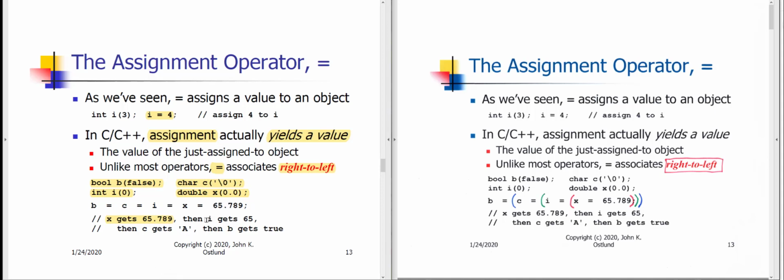After that, I gets 65, chopping off the fraction. After that, C gets a capital A, assuming we're on an ASCII machine, which we are. And finally, that non-zero value of capital A gets assigned to B, which makes B true.